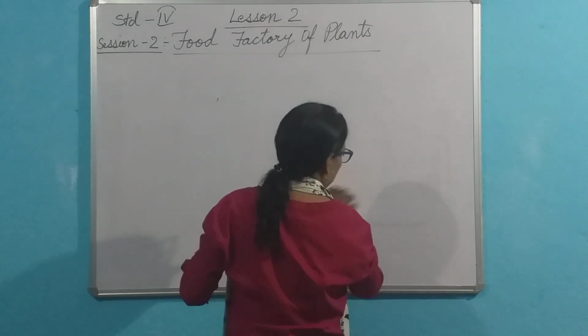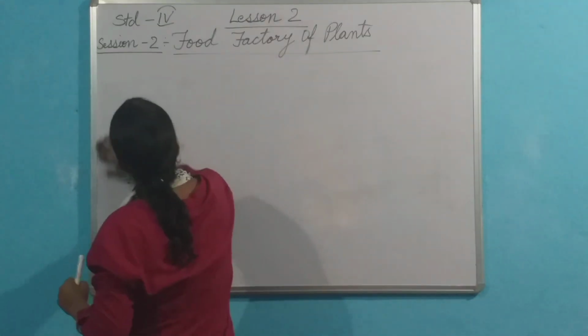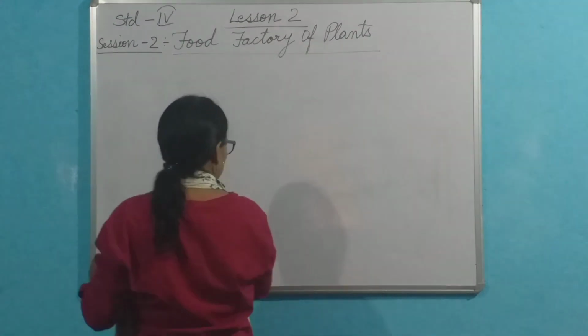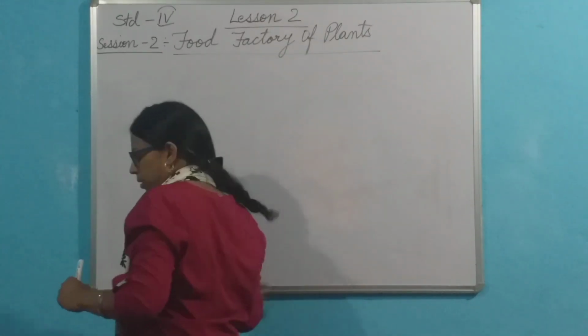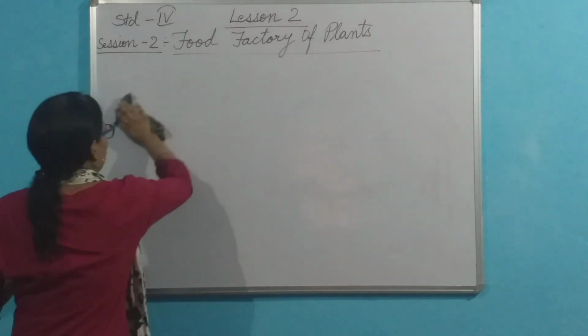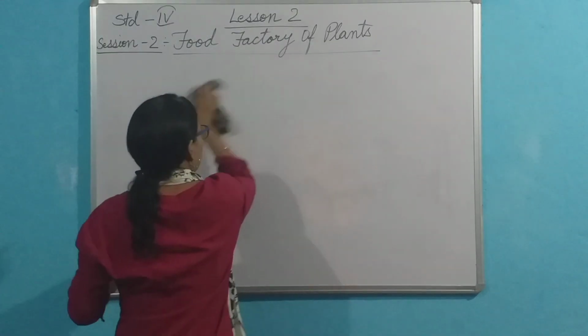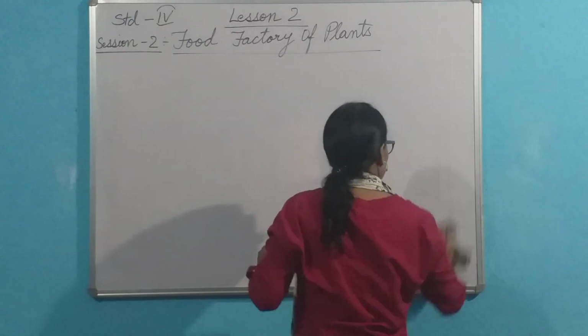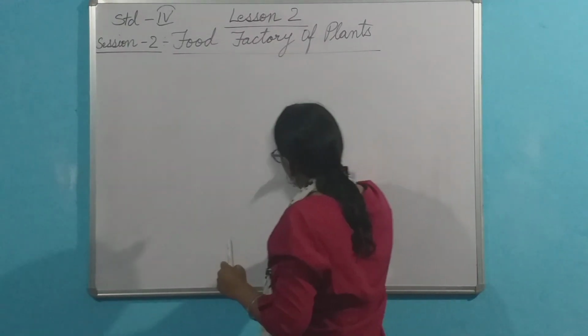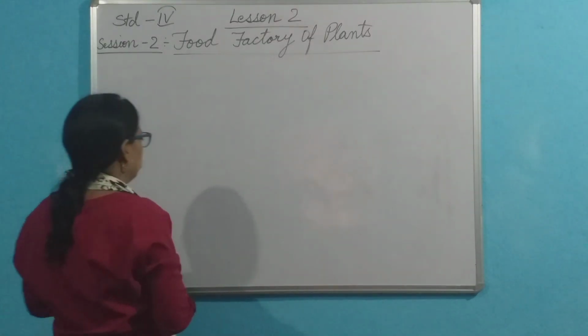So I'll explain this process with the help of a small diagram which will make it clearer to you. I am drawing it before you so that you can also learn how to draw this diagram in your notebook. So see how I am drawing and then try to draw it in your notebook also.